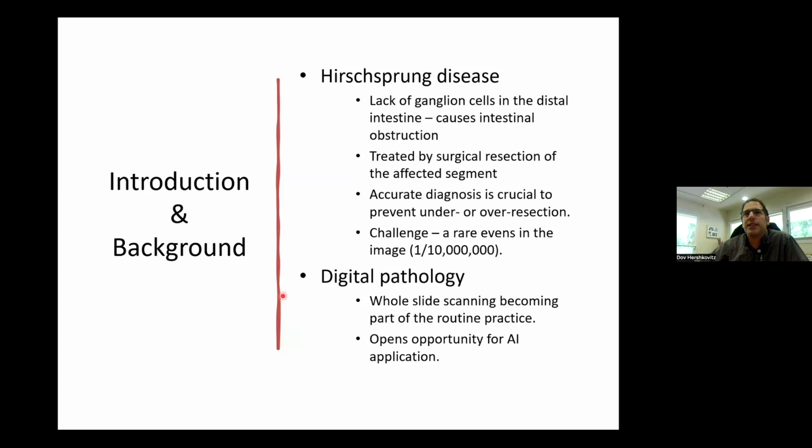Hirschsprung disease is the lack of ganglion cells in the distal intestine, sometimes the entire intestine. It leads to intestinal obstruction. The treatment mostly is surgical resection of the affected segment, and we need accurate diagnosis because overdiagnosis leads to loss of functioning tissue, and underdiagnosis may lead to requirement for repeated surgical treatments.